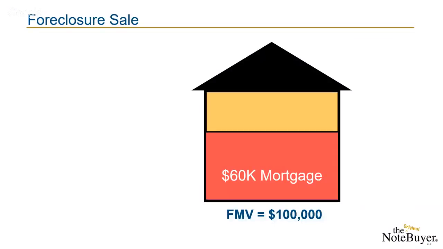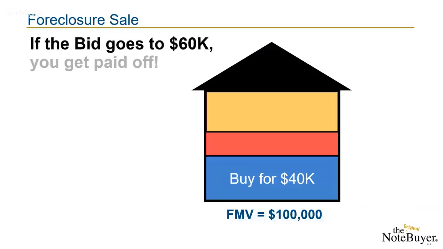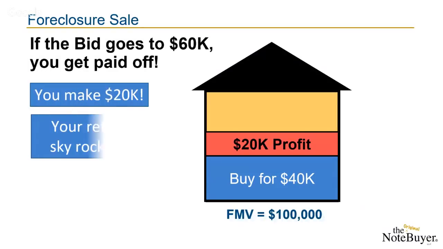Again, we've got our $100,000 property and we're going to buy a $60,000 mortgage for $40,000. So if the bid goes to $60,000, you're going to get paid off immediately and you make $20,000. What happens to your rate of return then?